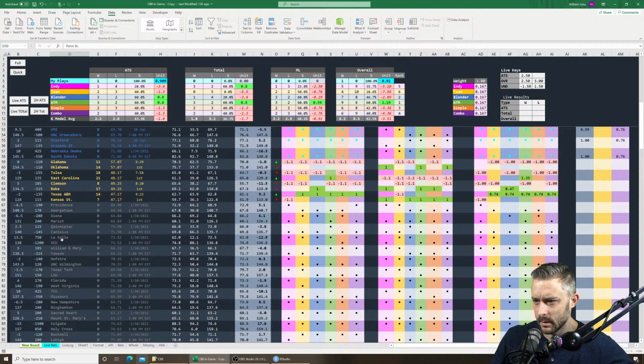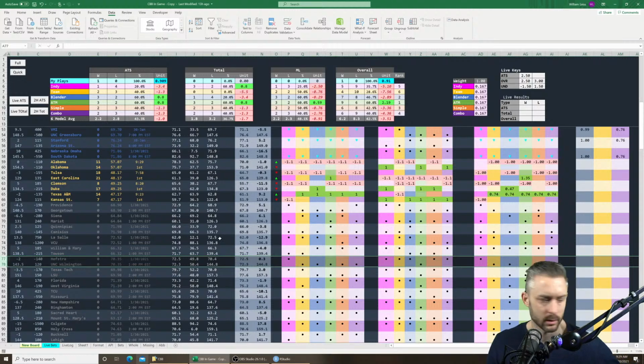Hofstra. Well, 5 of my 6 metrics are saying UNC Wilmington, 5 of the 6 are saying over, and then also UNC Wilmington on the money line, 5 of 6. So, not enough for me to make a bet on it, but that's what the model's saying. It projects a very tight game. Hofstra by 0.3, total of 144.8.